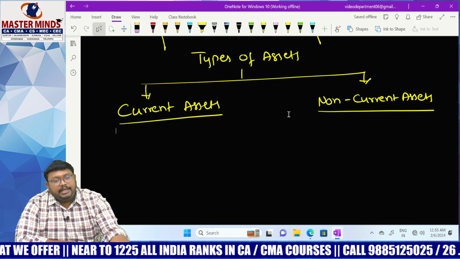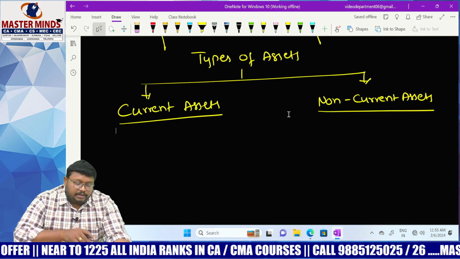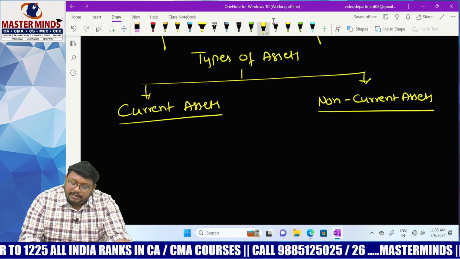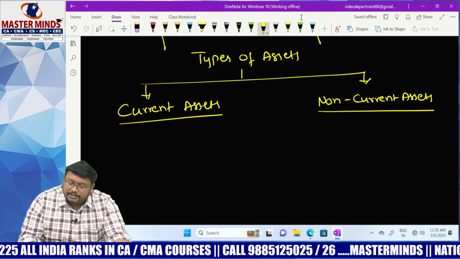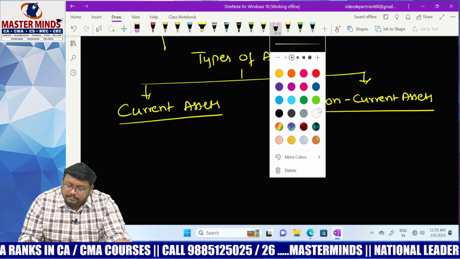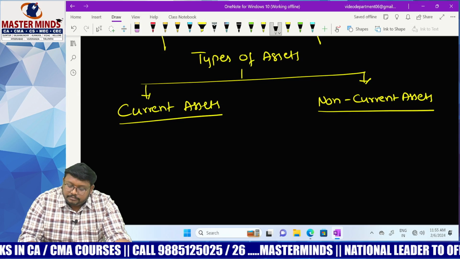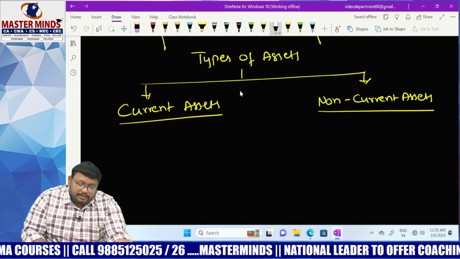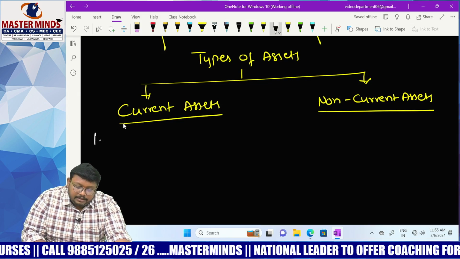And while coming into the depth of current assets, we have some points. First, we'll discuss current assets, then we are coming into non-current assets. So relating to the current assets, the points we can write.